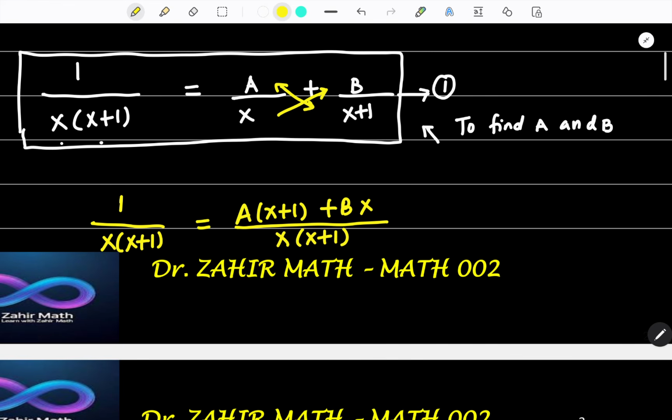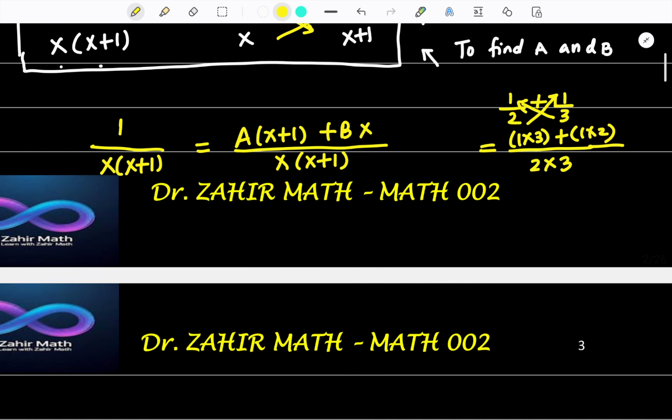How, teacher? Just a simple example: 1 by 2 plus 1 by 3. How do you do it in school? 2 multiply by 3. Just go here and go here. 1 multiply by 3 plus 1 multiply by 2. The same idea I used. Okay. A times x plus 1 plus b times x. Now look here.